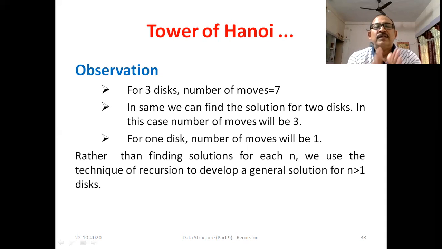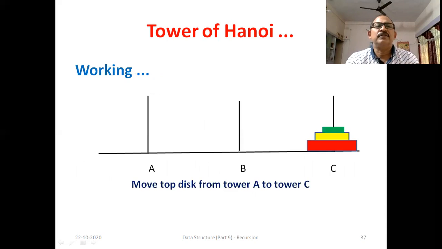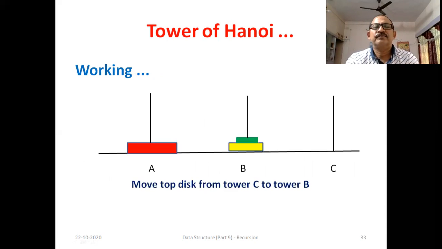Okay. Rather than finding the solution for each n, let us go back and observe this whole process of movement of discs from tower A to tower C. Let us go back. Observe this scenario. What is our problem?